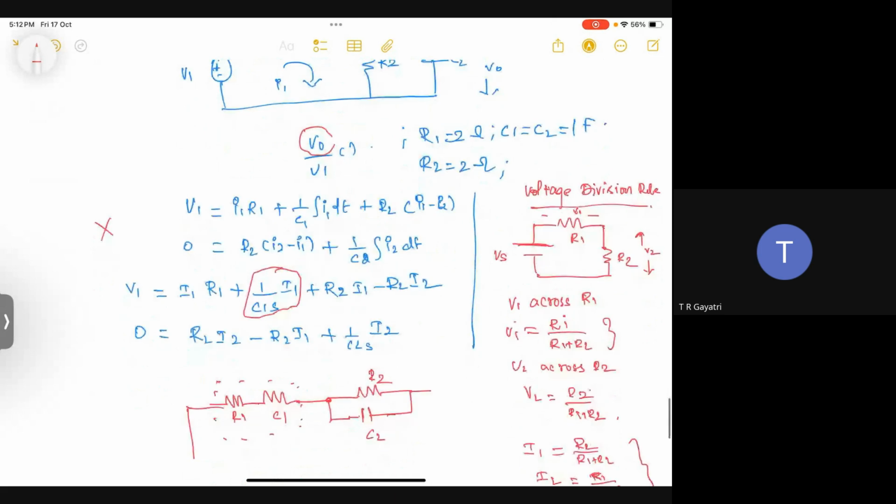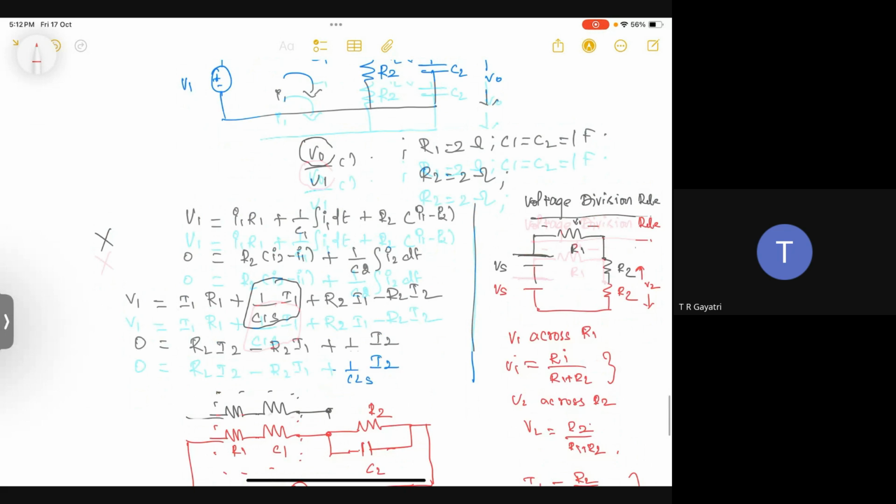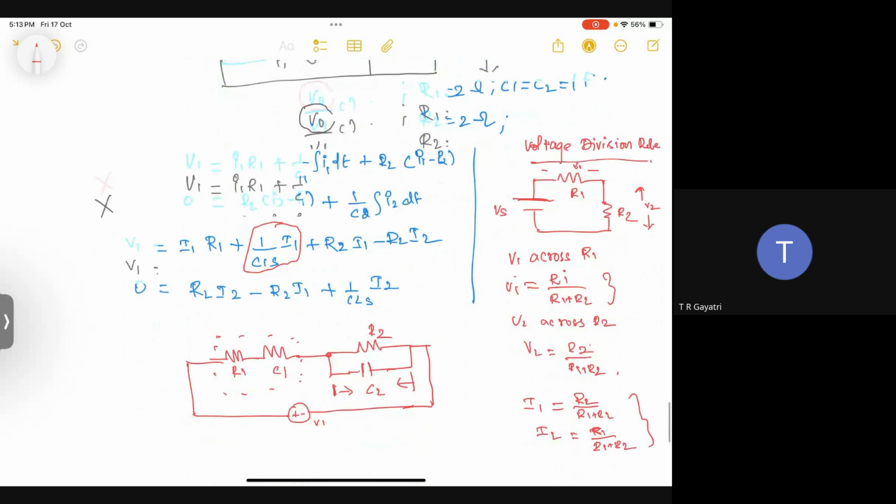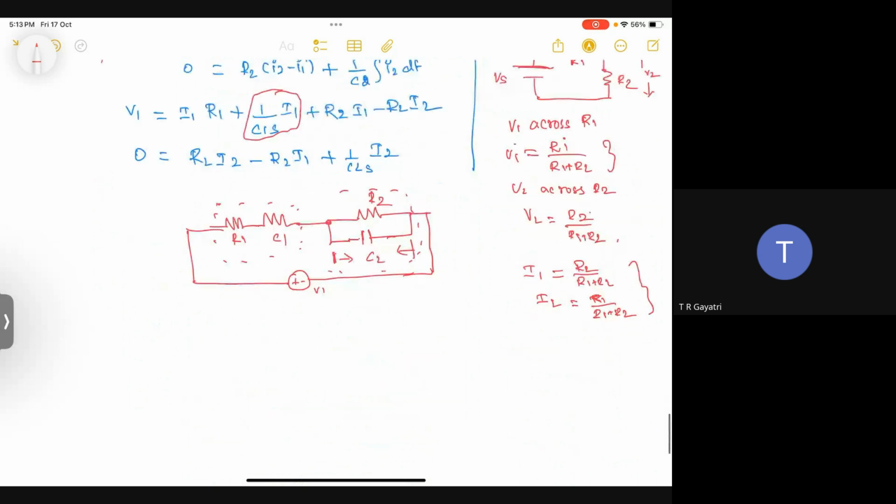So everything is connected in series with the voltage V1. So I want to find the voltage across this C2. That is V0. So consider this as a single element. Consider the other block as another single element which is connected in series.